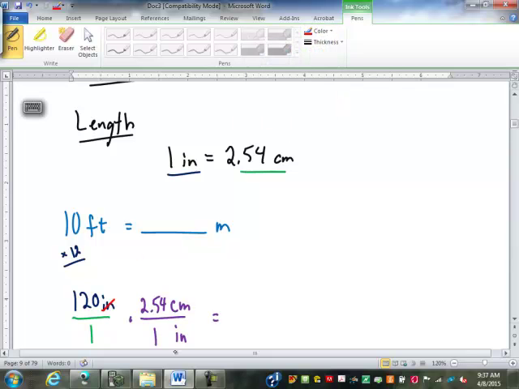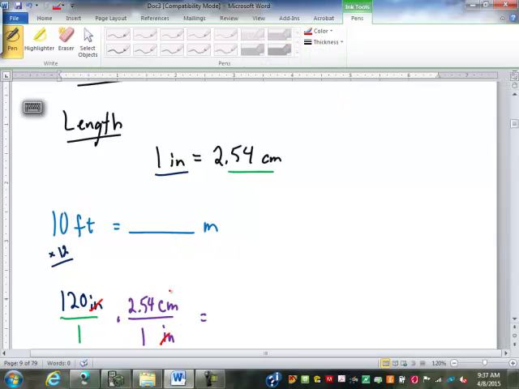So the inches cross cancel out. 120 times 2.54 is 3,048, I believe, centimeters. Does that look right? 304.8? You're right. 304.8 centimeters.